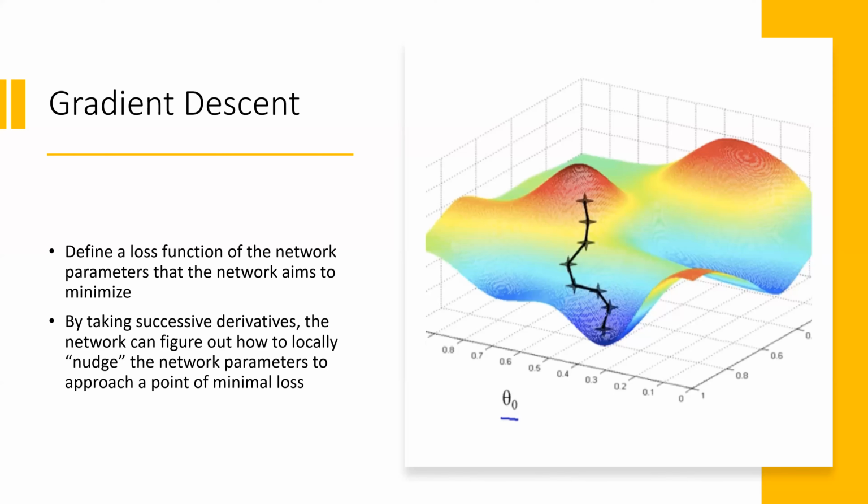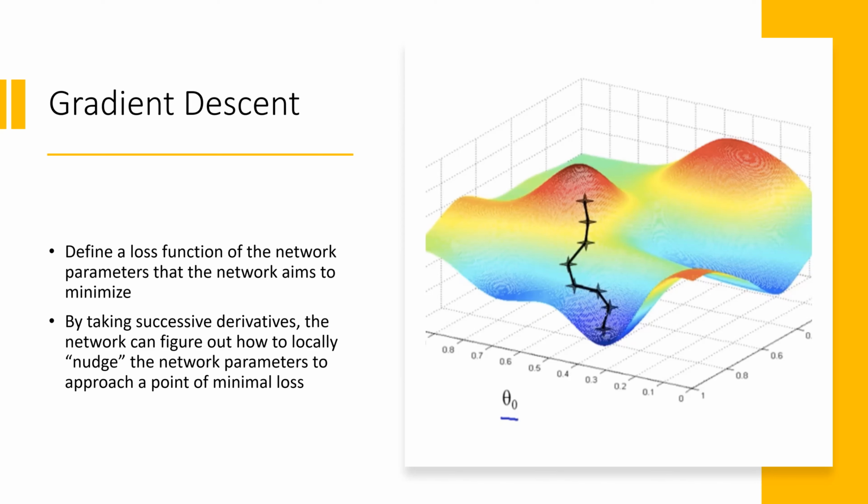For example, a common way to define the loss for supervised learning is to say, okay, if our network is a function f of x, where x is the input and f of x is the output, and we want the output to be 1, then a naive way to define the loss would be 1 minus f of x.